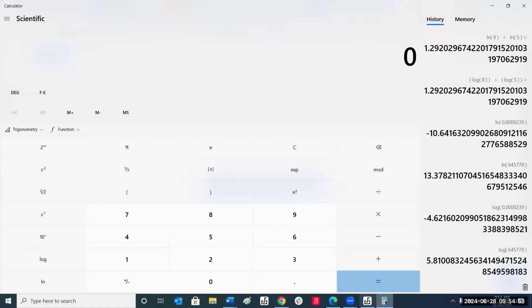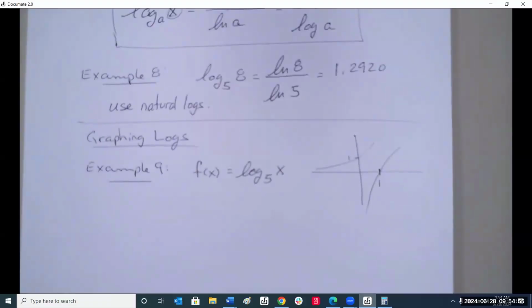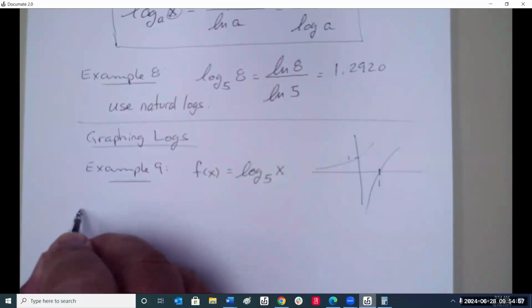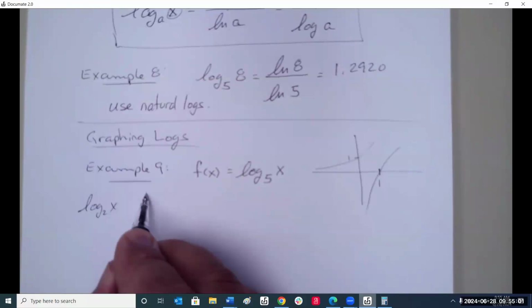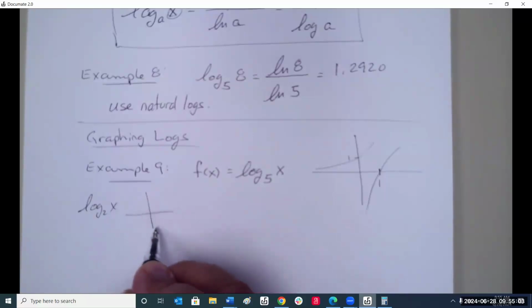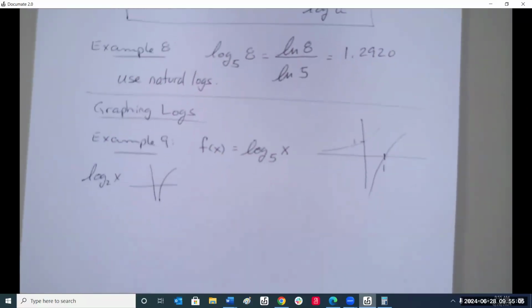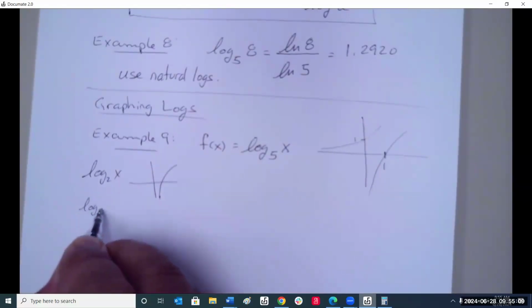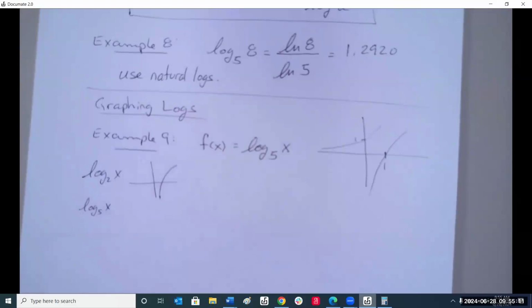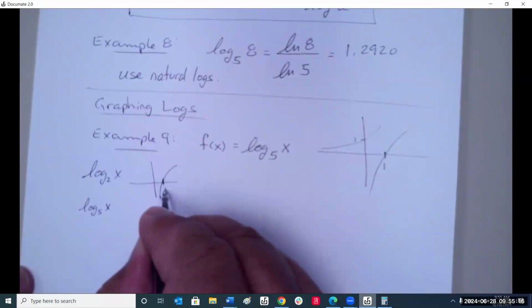Well, I'll show you something. Because remember, the first one we did was log base 2. That was like that. What do you think happens if we have a log base 5? We know they both cross at 1.